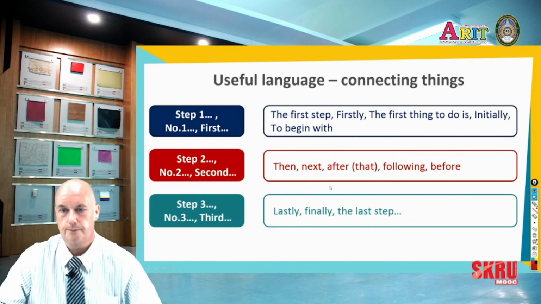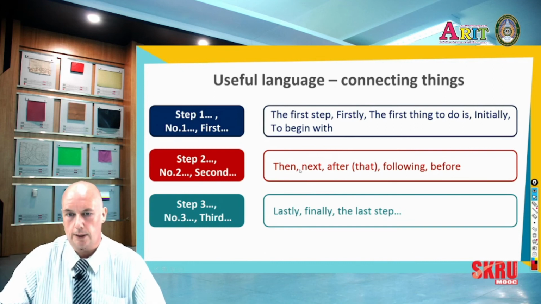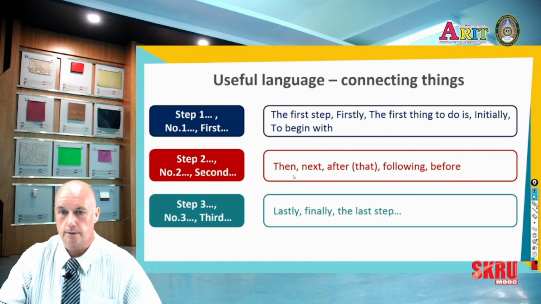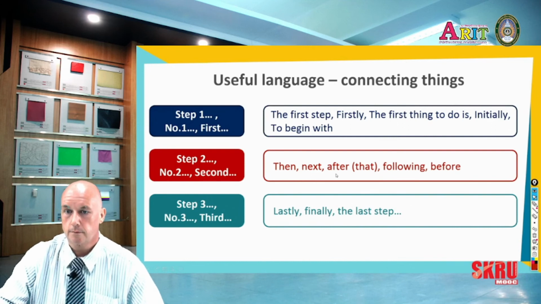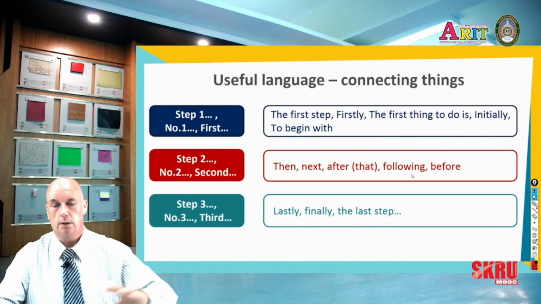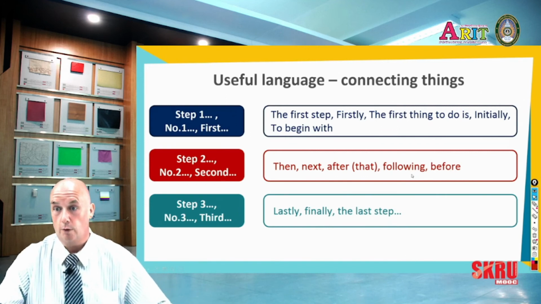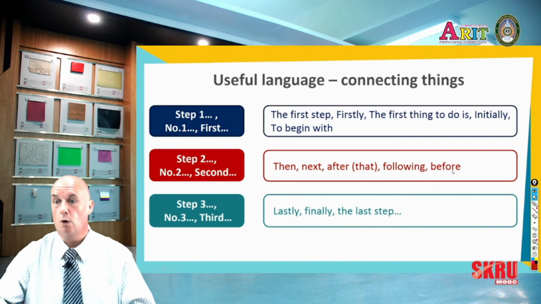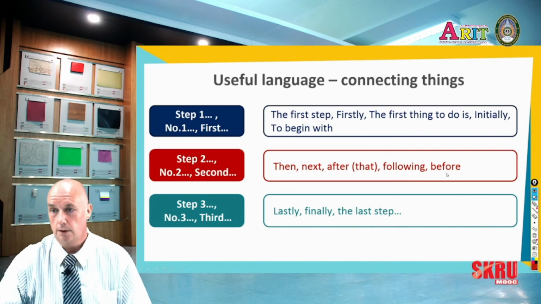Everything in between, we can use a mix and match of then, next, after that, following, before. Following talks about something that's happened already before we go on to describe the next step.